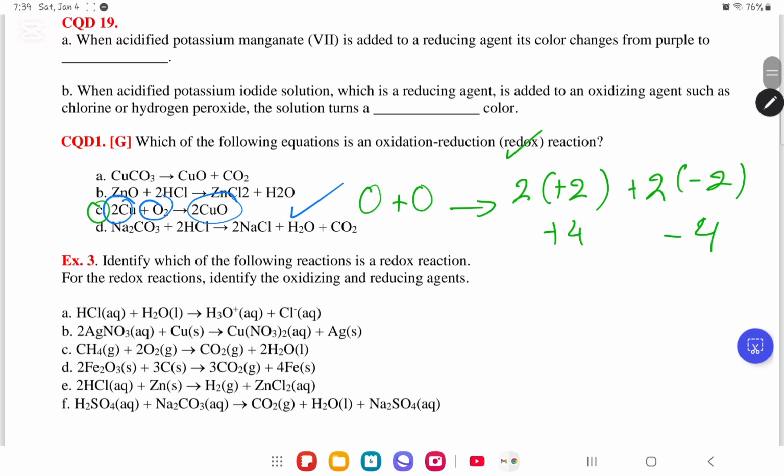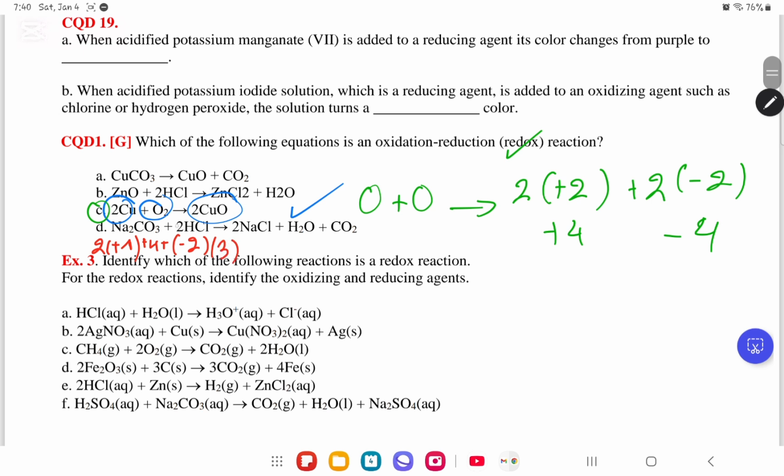reaction. Now finally for the last one, I'm gonna do it quickly by the oxidation number because more practice for us. Okay, so in this case we have Na2CO3. So Na2 is 2 times plus 1, C is plus 4, O3 is minus 2 times 3.